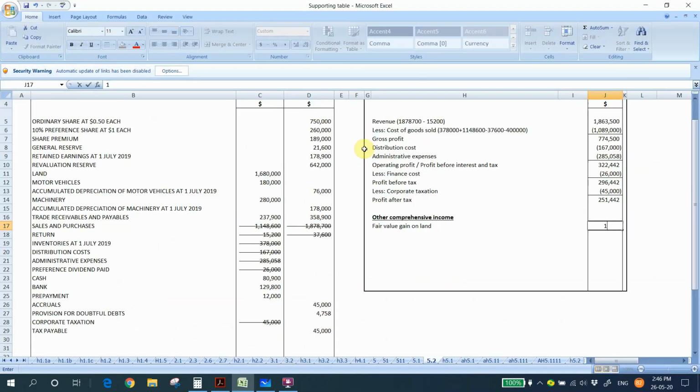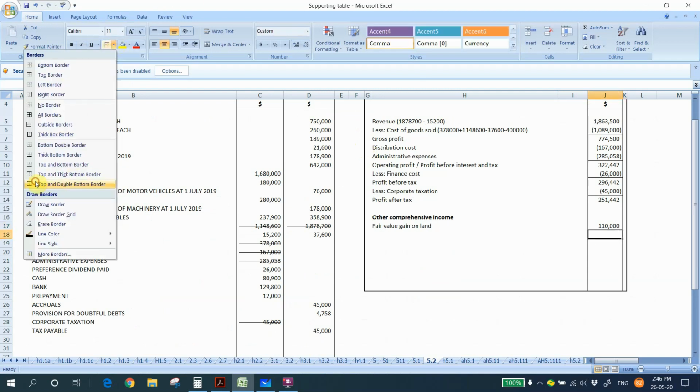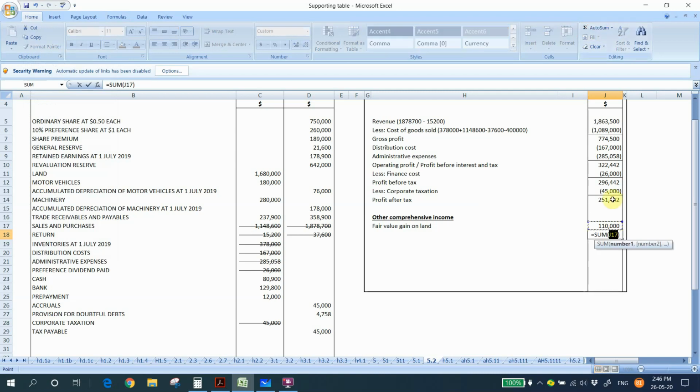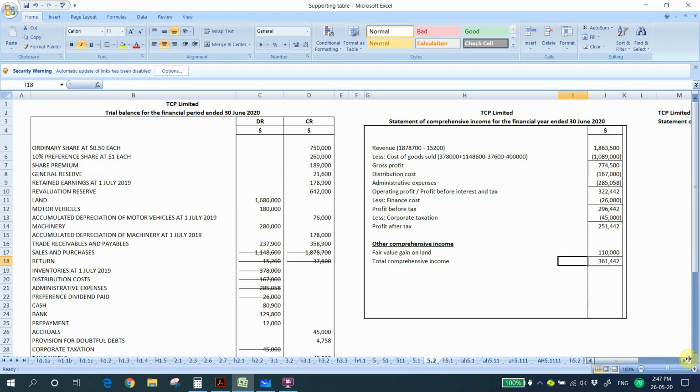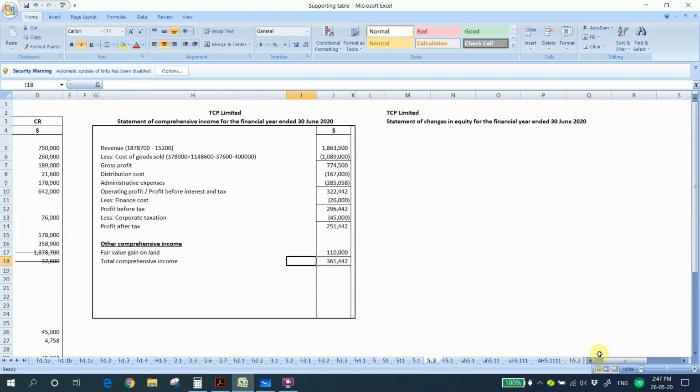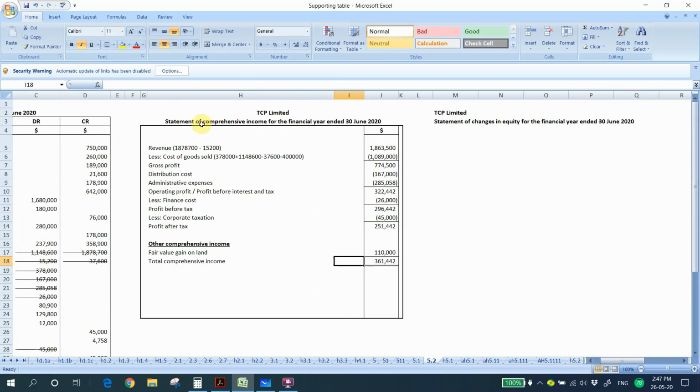It's a positive amount, 110,000. And by adding these two together, we get total comprehensive income. So basically we have completed our statement of comprehensive income.